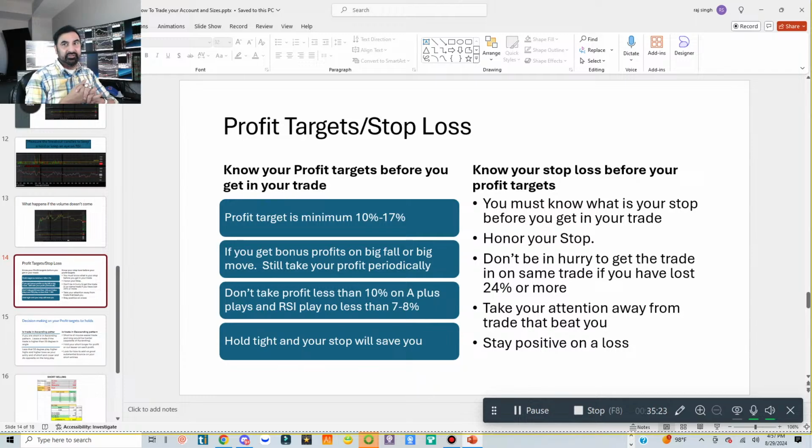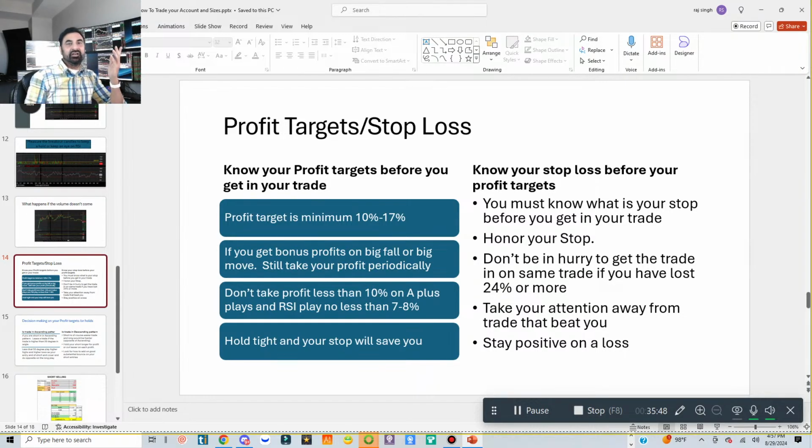Honor your stop. Don't be in a hurry to get the trade in on wherever. Okay? Trade with an expectation. Trade with an expectation. Don't be in a hurry to get the trade in. And if you have lost, don't lose 24% or more in your stop loss and keep trading it. We have done it a few times. We're silly. We don't do it often.